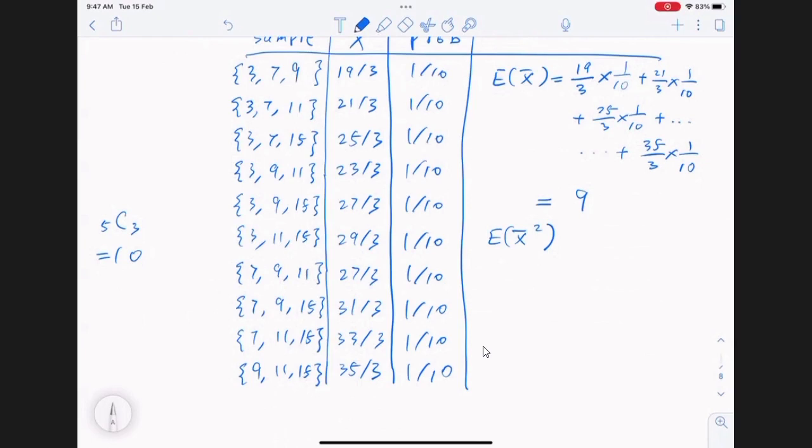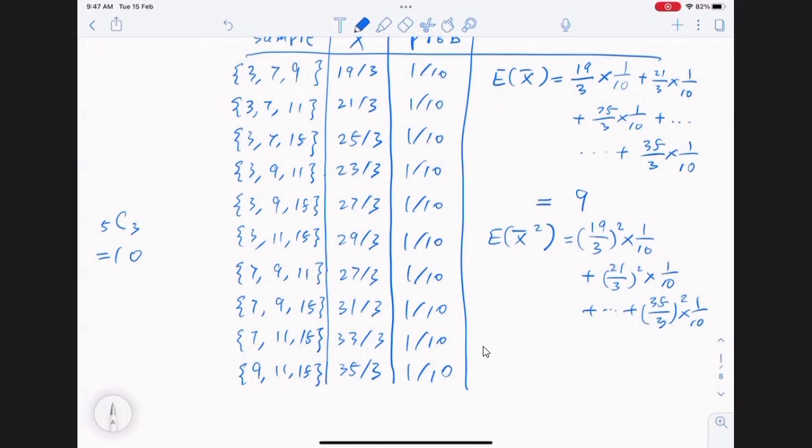This time, we take the square of each possible value and multiply it by the corresponding probability, and add them up.